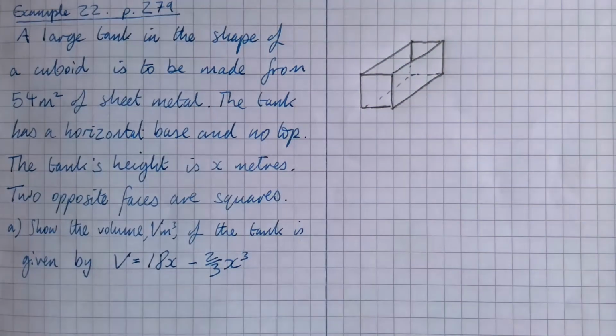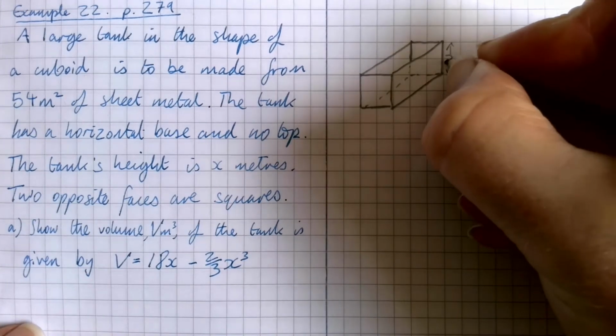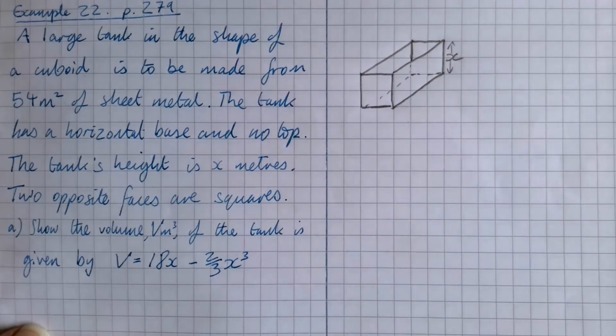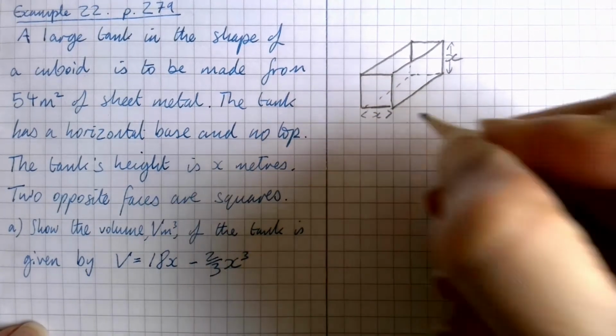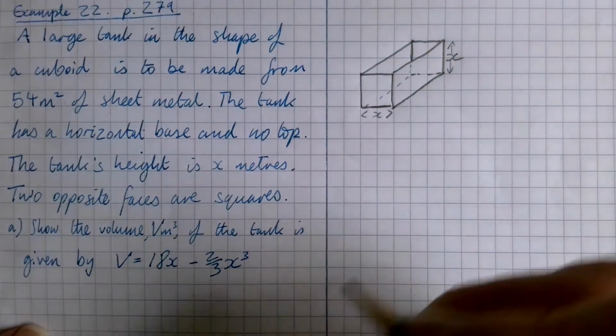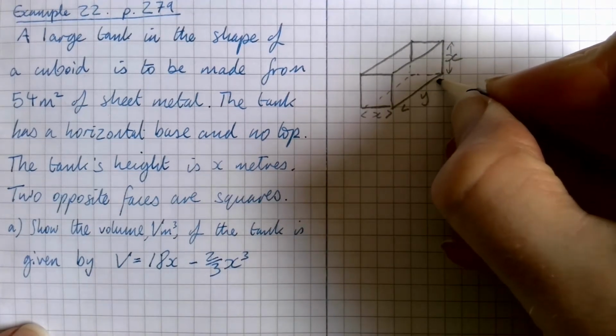It's going to look something like that. Now it says the height is x meters. So if that height is x meters, that width there must also be x. What I don't know is this length here, so I'm going to call that y.